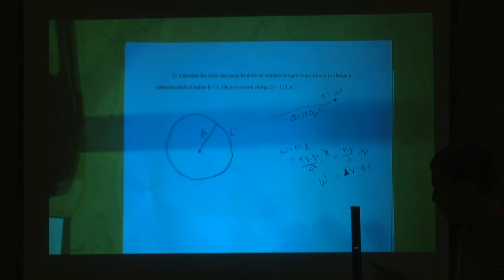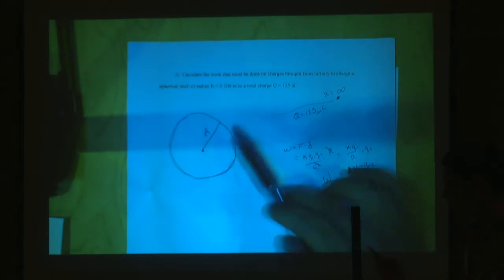If we're moving over some space with an electric field, we're changing our potential if we're moving parallel to that electric field, not perpendicular. Does everyone understand that? But if we take this charge and move it here, there shouldn't be any work because there's no potential, right?